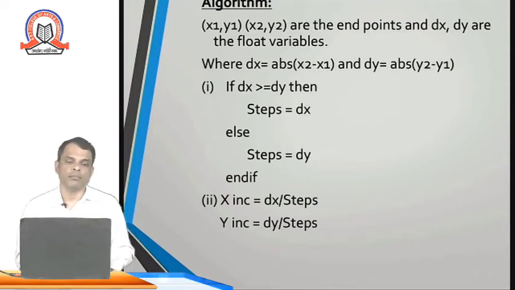Then we will compare which one is bigger. Now I am representing this as an algorithm. I compare dx and dy, and whichever is bigger will be my number of steps. Second, I have to find the increment values for the x and y coordinates. So the x increment is dx divided by the number of steps, and the y increment is dy divided by the number of steps.